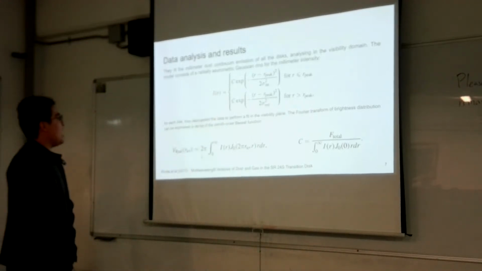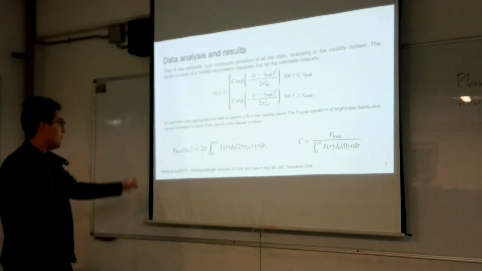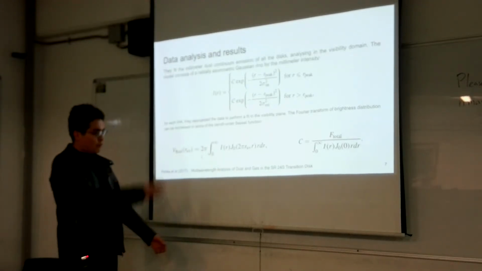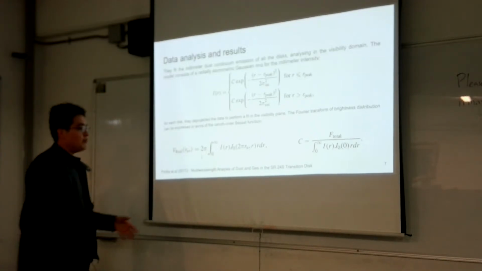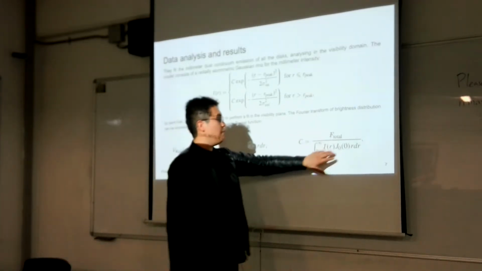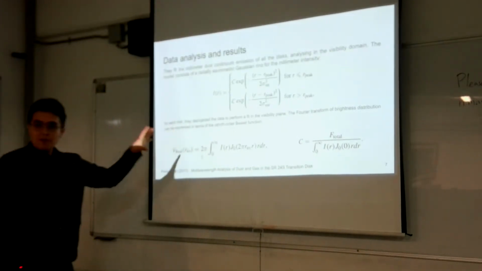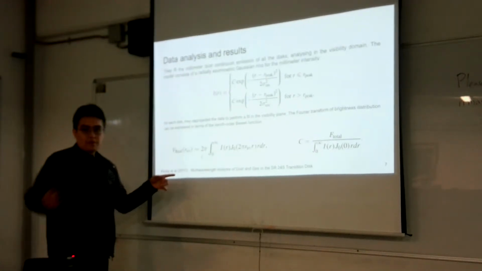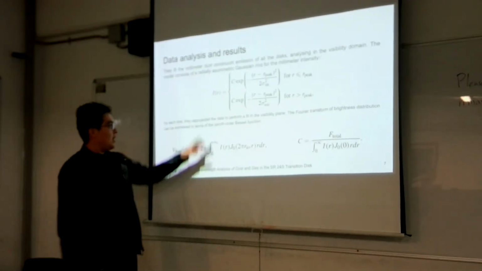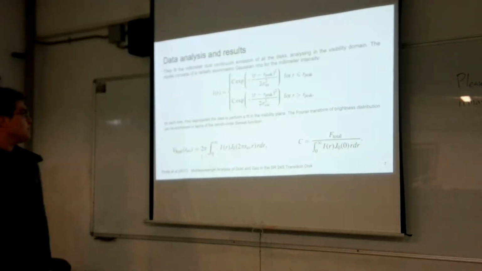They also have the projected data in the visibility plane by a Fourier transform of the brightness, and they take the brightness in the real part by this constant. This math explanation is better covered in the previous paper of this series, where they made all the calculus.